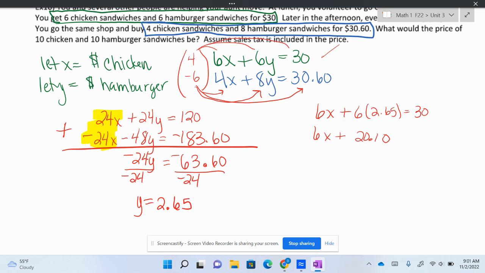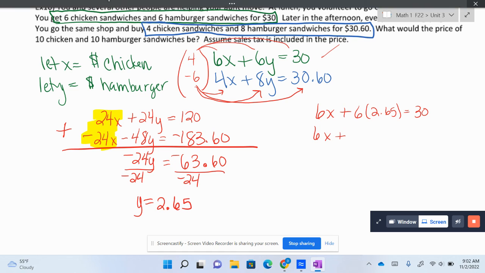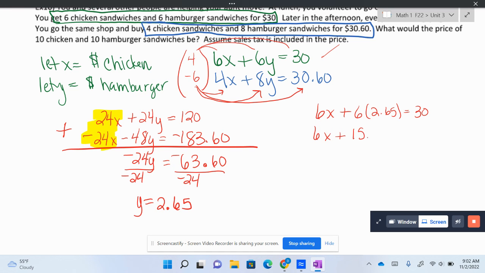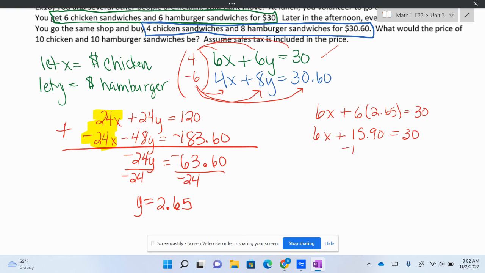It's what? 15.9. See, there you go. That's why I shouldn't do that in my head. Thank you. So 6x plus 15.9 equals 30. Subtract 15.9 from both sides. So 6x equals 14.10.